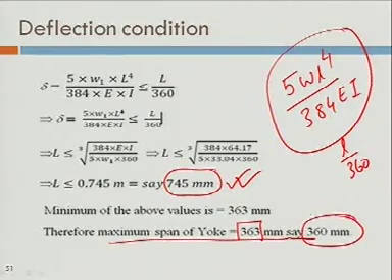Is this clear, technology class? We are choosing the minimum of the three, which happens to be 360 millimeter. Okay. Now, let us try to see whether this 360 millimeter is sufficient for us or not.